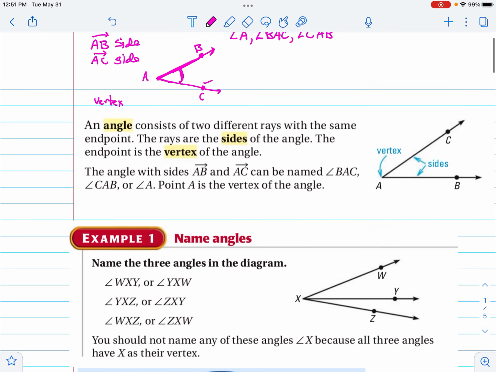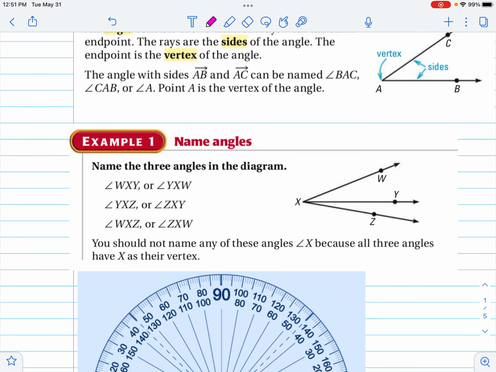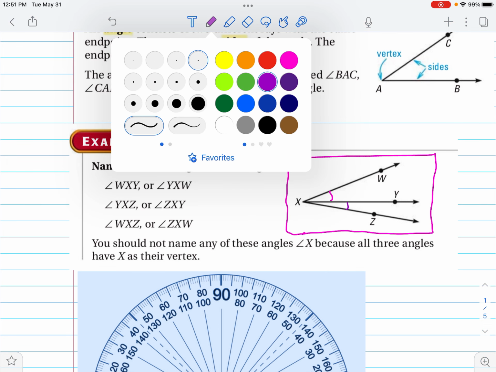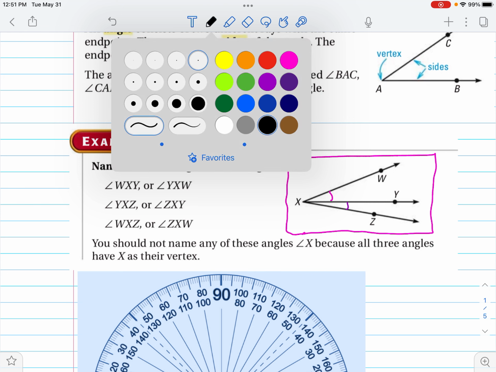So let's look down here at an example. We've got this little figure over here, and notice we've got some angles in here. We've got this pink angle here, this angle here, and the big overall angle.